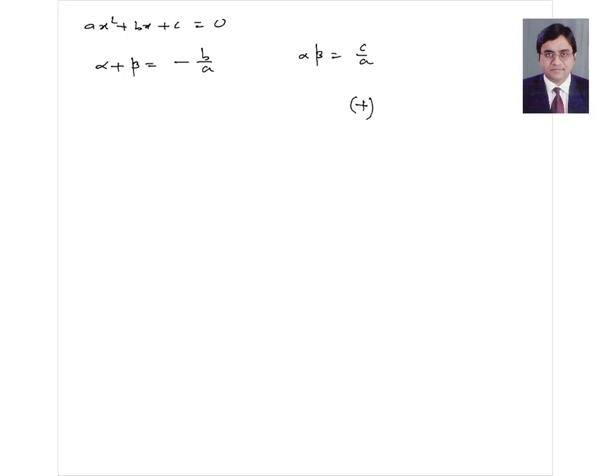Either both of them are positive or both of them are negative. Likewise, if c by a comes out to be negative, then you can say that one of them is positive, other one of them is negative. Right?